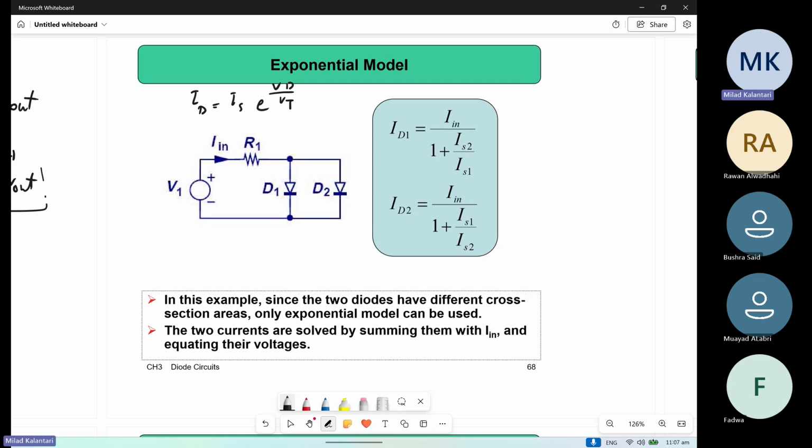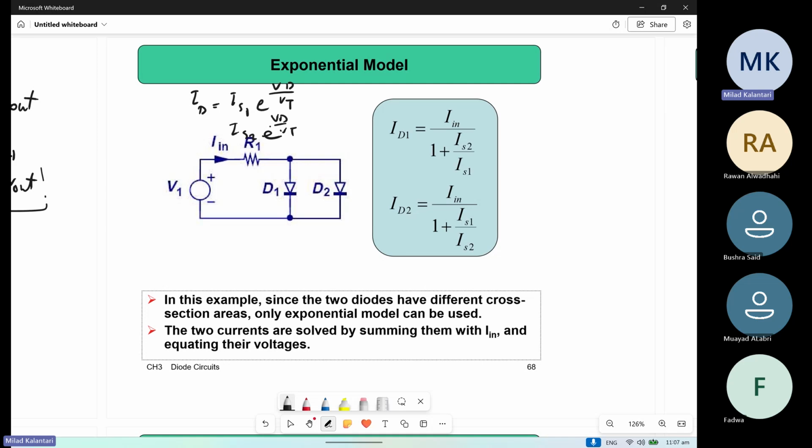Basically once you have two parallel diodes where the diodes are not similar. What does it mean that the diodes are not similar? Let's say one of them has IS1 in the characteristics, the other one has IS2, e to the VD over VT. They are not perfectly similar. IS1 is different.